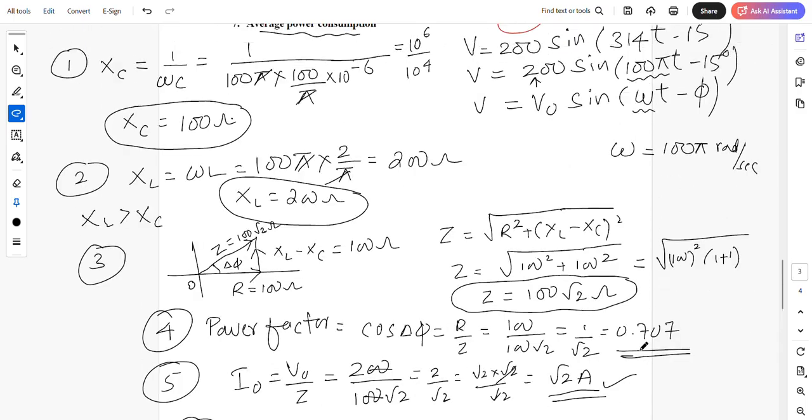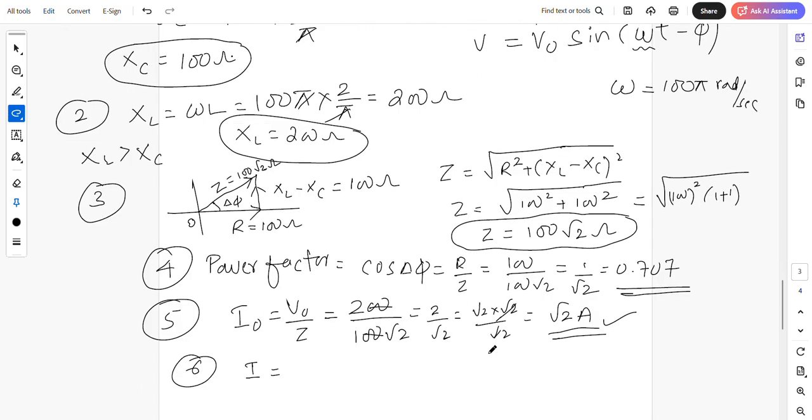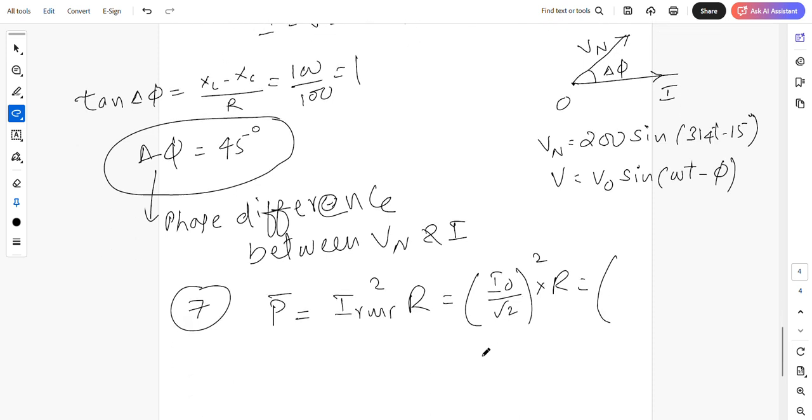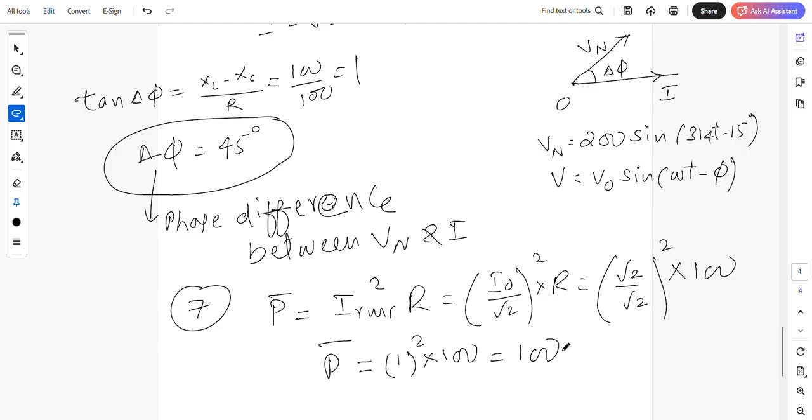Just now we calculated I naught is equal to root 2. Root 2 by root 2, the whole square into R. R is 100 as given. Therefore, root 2 by root 2 is 1, the whole square into 100 is 100 watts, which is the right answer.